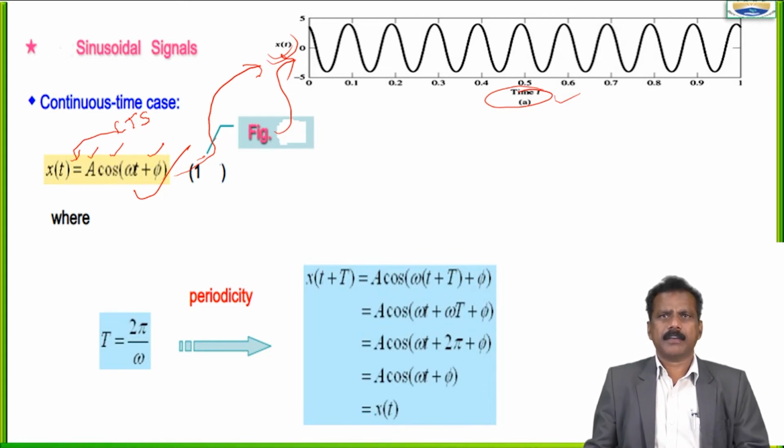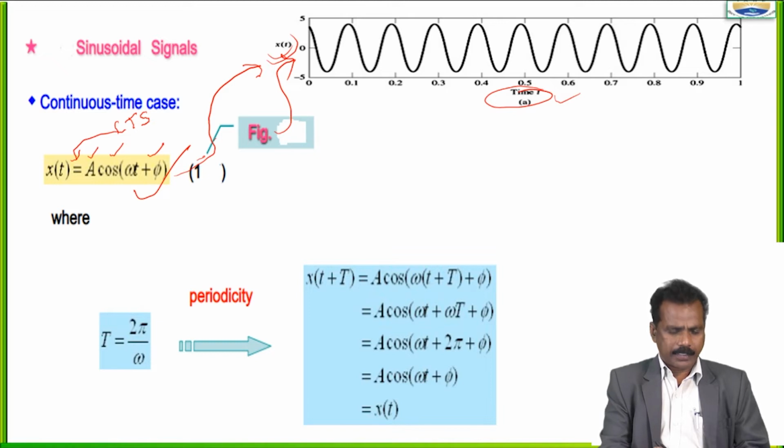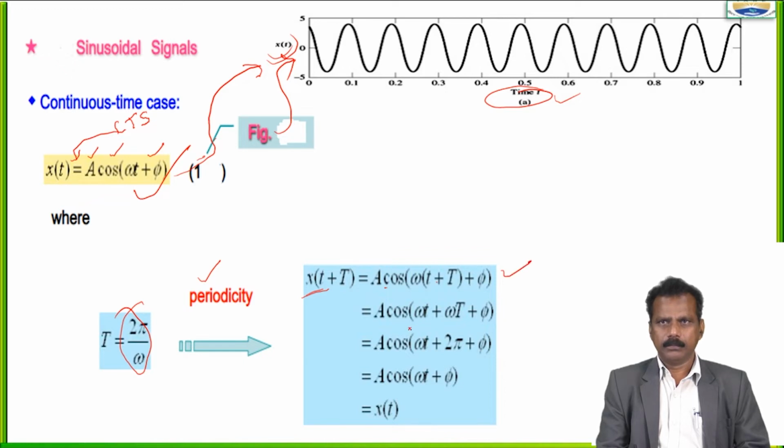Where T is equal to 2 pi by omega, we can combine this with periodicity. In this case, x of t plus capital T is equal to A cos of omega t plus capital T plus pi.